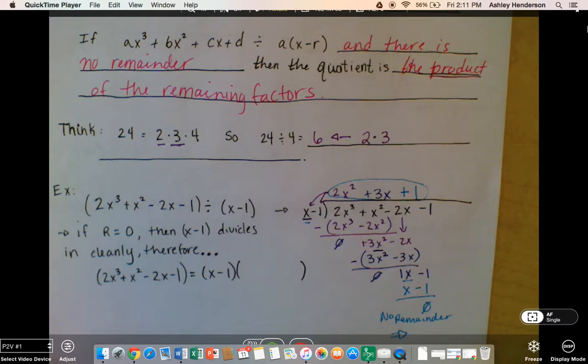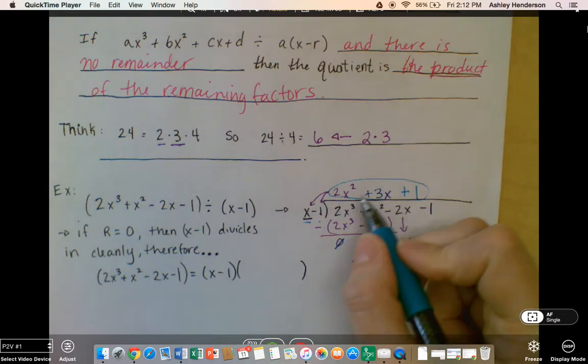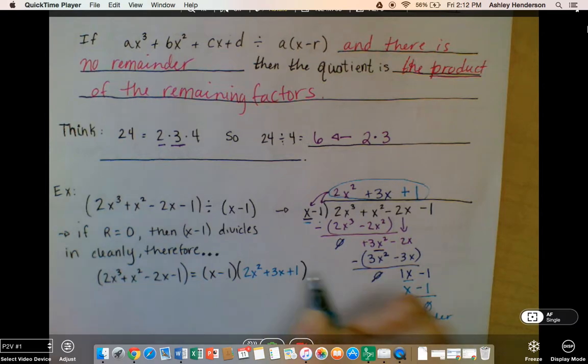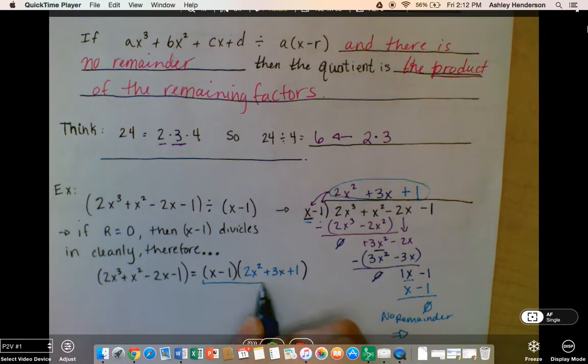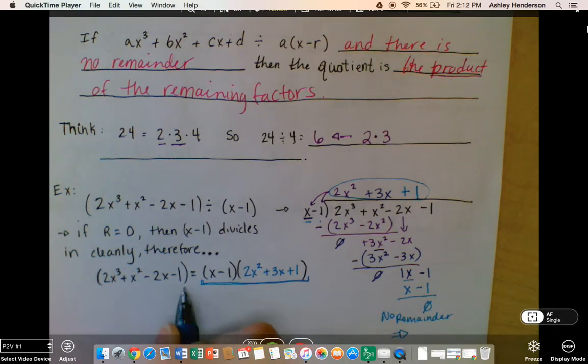Imaginary ones are a little different. And it also means that it divides in cleanly. So I could say that x minus 1 times 2x squared plus 3x plus 1 is the same thing as this.